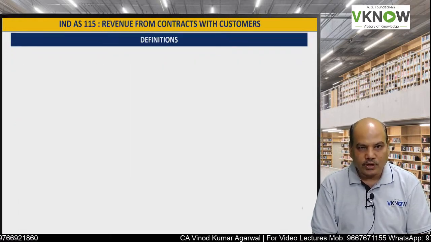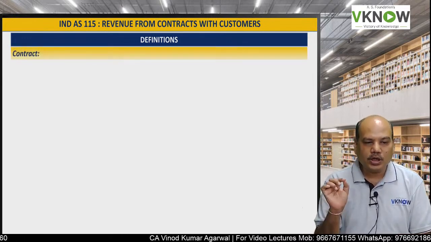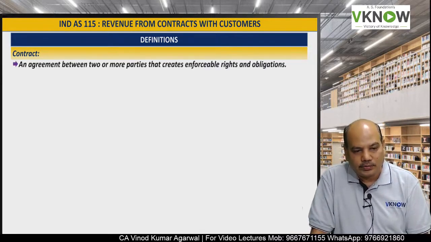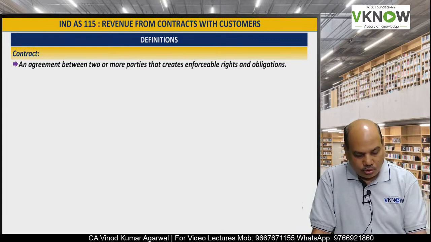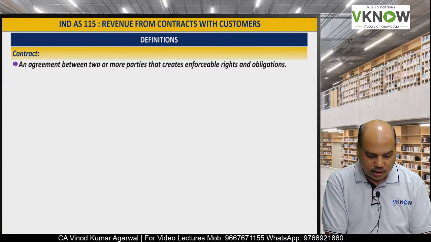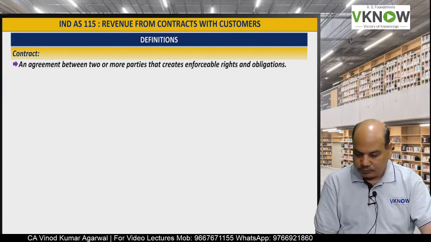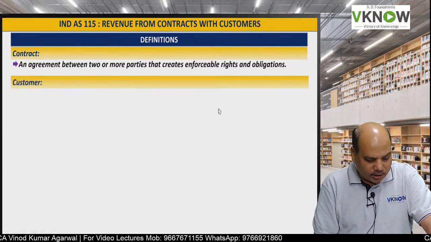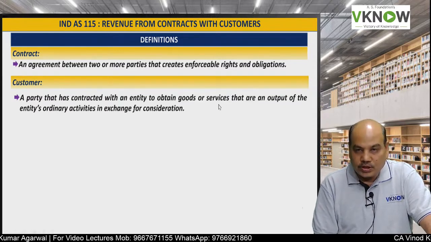Before we proceed further, let us have a look at some of the important definitions, like the definition of a contract. A contract is an agreement between two or more parties that creates enforceable rights and obligations. So it is a contract which is enforceable by law. Then customer. Who is a customer?